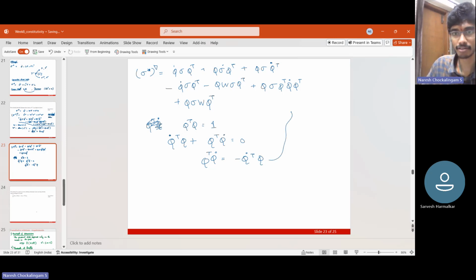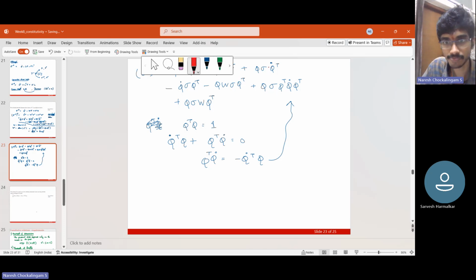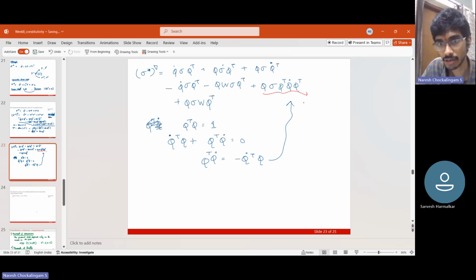So plug this into this part. In place of Q transpose Q dot, you can substitute with this. So this term becomes Q sigma minus Q, there's a minus sign, Q dot transpose. So Q transpose Q is again I. So this one cancels with this one, Q sigma Q dot transpose.